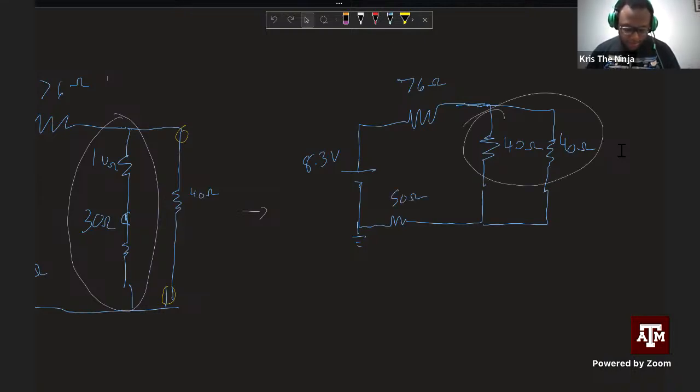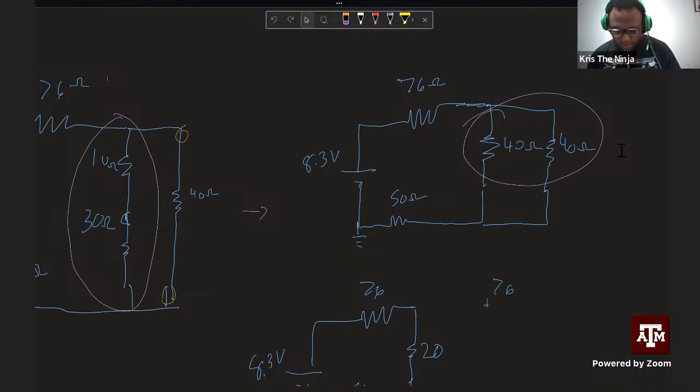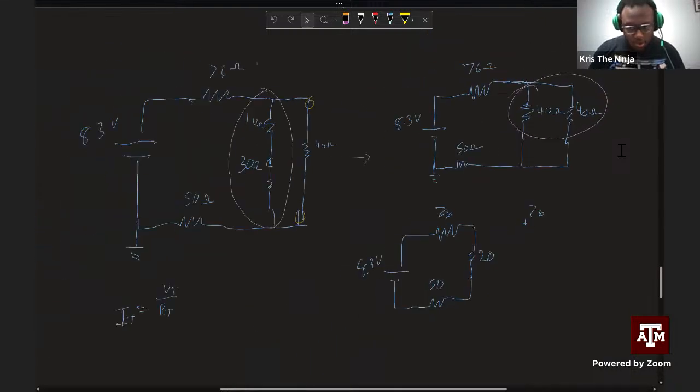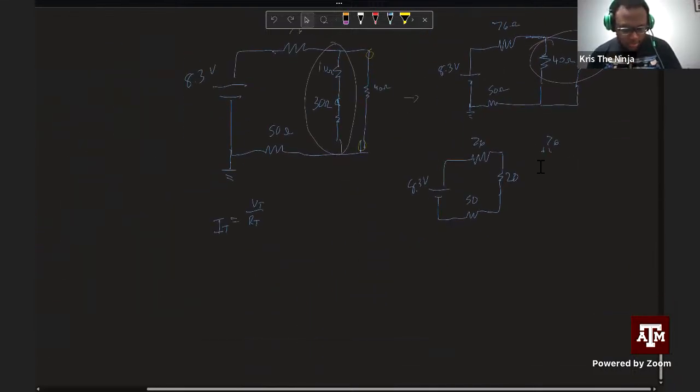That equivalent circuit becomes 8.3 volts, 76, 20, 50. Now we just add all these together because now this is just a series circuit. So 76 plus 20 is 96, plus 50 is 146. 146 ohms total. Then we can just do VT over RT.